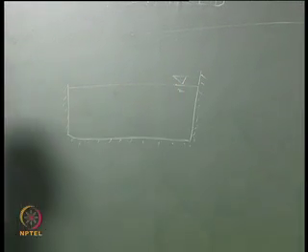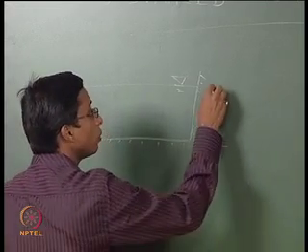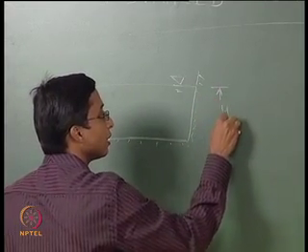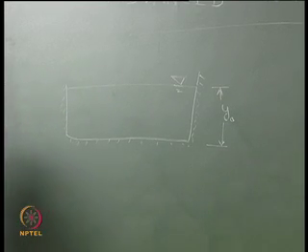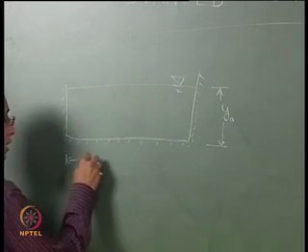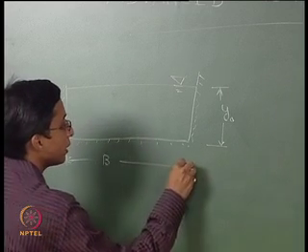A rectangular channel whose depth of flow is given as y naught. Width of the rectangular channel is b.